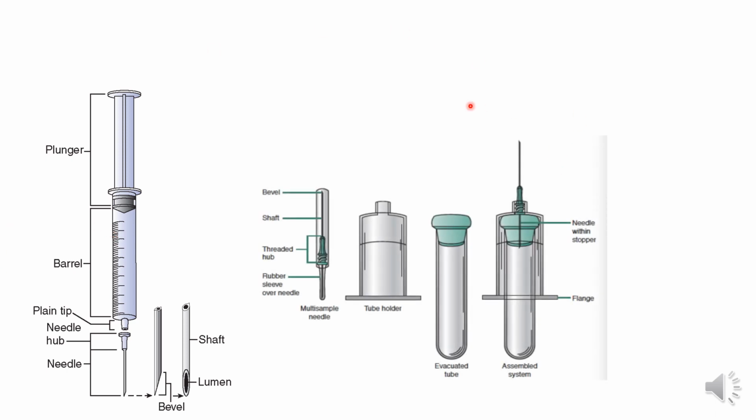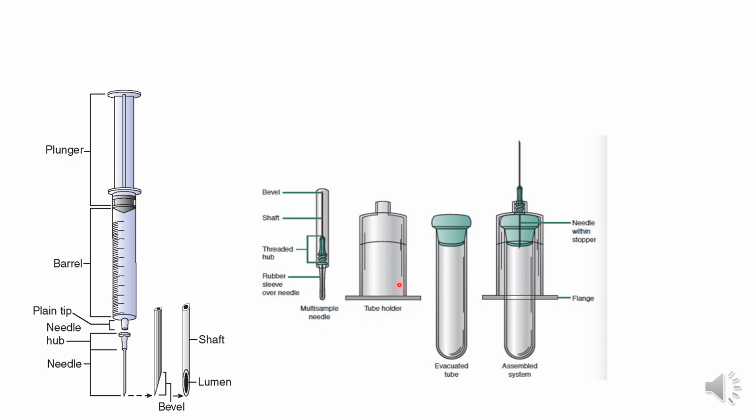Now this is a vacutainer system which operates under vacuum. This whole system consists of a two-sided needle, and from this system we can collect multiple samples.